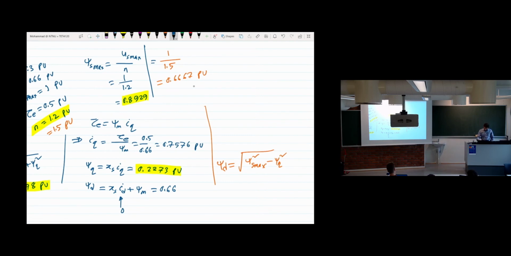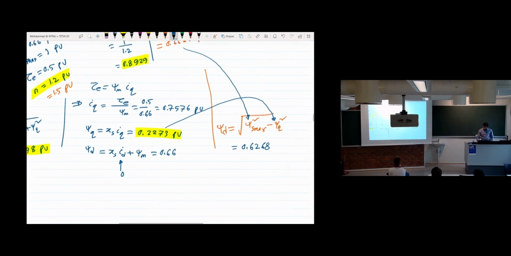We have psi s max from here, and we have psi q from here. If we insert these two, then you get psi d, which is 0.6268. So we can have psi d at most this value to get the same torque.